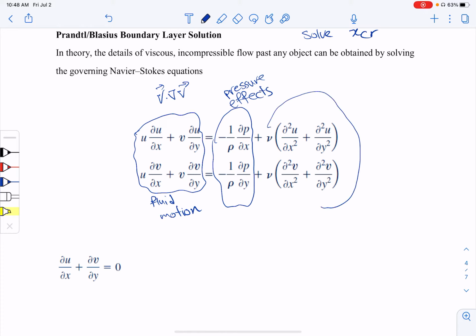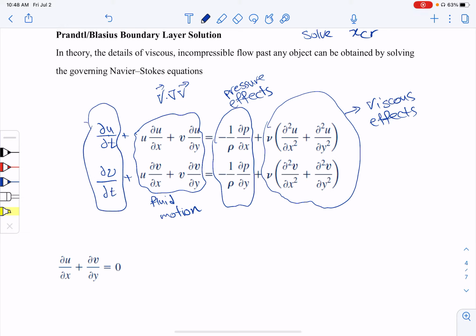And this one is the viscous effect. And also there would be another term, but because we said that it's steady, we didn't consider that, but we know that this term right here represents the unsteady or steady flow, right?